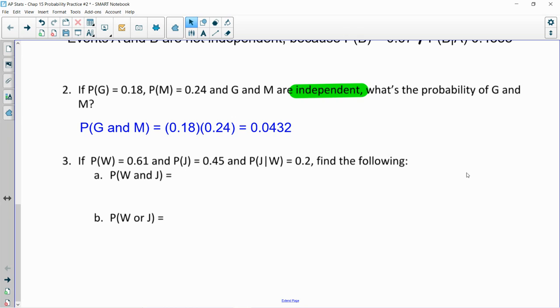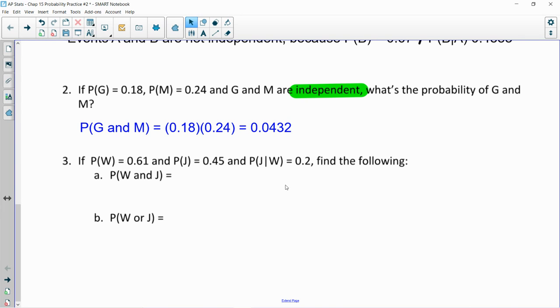We have conditional probabilities, and we have and probabilities. We've got simple probabilities. So how can we combine all this together? How can we work with the condition to do our and probability at the same time? So let's think about this completely.